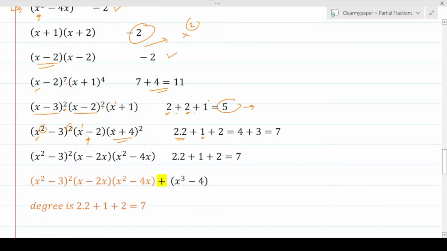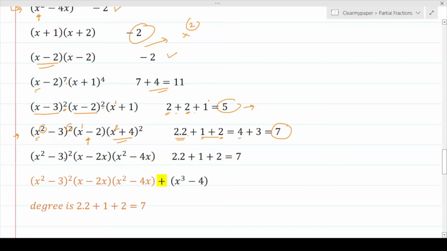And for this term, if you just expand it, the highest power of the first expression, the exponent for this x will be 2, and again I've got this 2. Since each one of them is multiplied, we just add the exponents. So this 2 into 2 is 4, and this is 3. 4 plus 3, so the degree of the overall polynomial is 7 in this case. A different type of example, but same concept here.